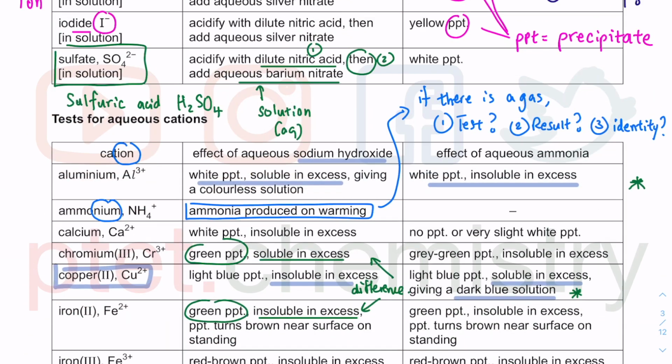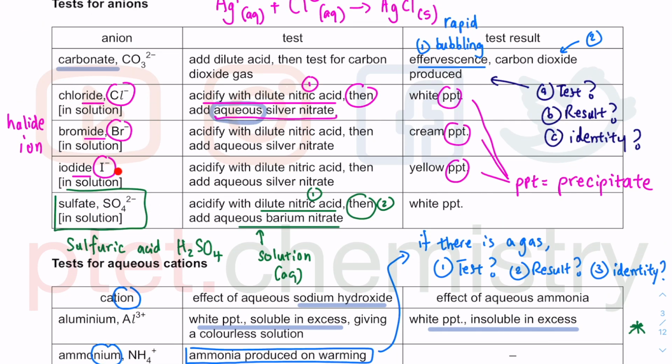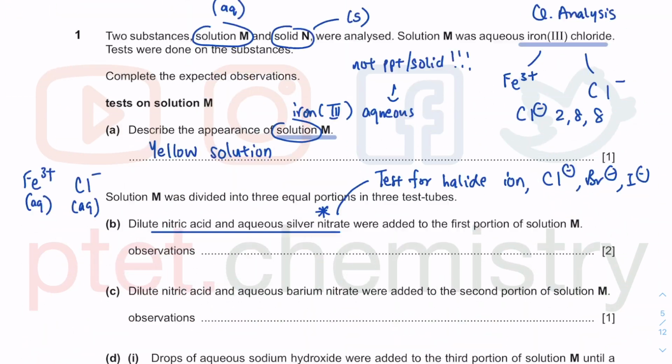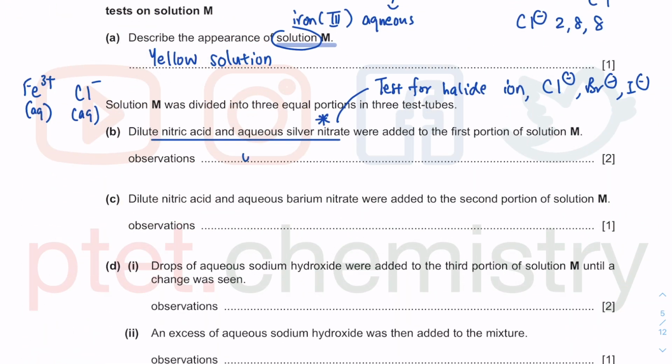We go straight to the table. We saw that chloride, bromide, iodide all had the same test: add nitric acid and then aqueous silver nitrate. With chloride, I will get a white ppt. This is a theory level set of questions, not practical, so I have to write down precipitate, white in color, for the silver chloride being formed. So that is white ppt.